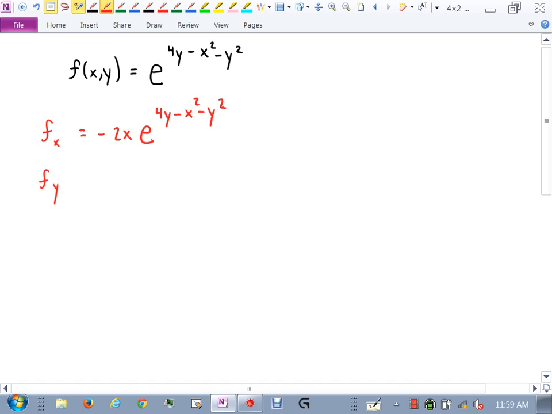That's it. And then same thing with respect to y. It would be e to that stuff and then times the derivative of what's up there with respect to y, which would be 4 minus 2y, correct? And I need that in parentheses because it's 2 terms. That's it.